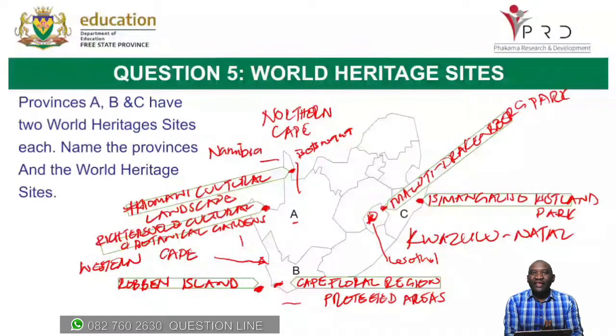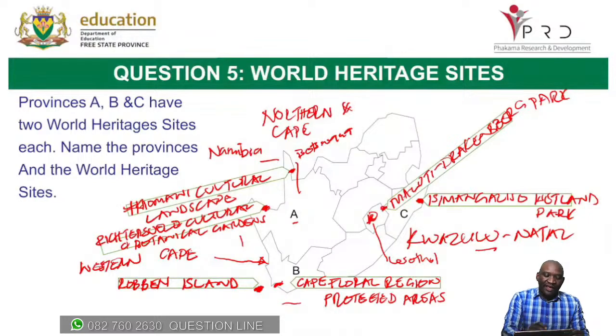You have actually managed to see the location of 6 World Heritage Sites. And how do we get to know them? We're saying that there are 3 provinces that have 2 World Heritage Sites each: the province of KwaZulu-Natal, the province of Northern Cape, and the province of Western Cape.